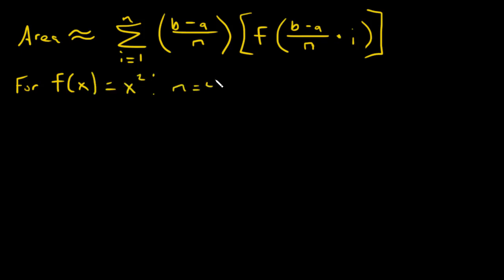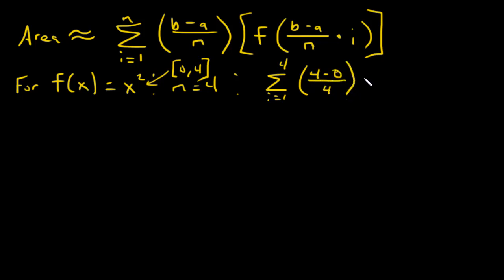This is in the case of f of x equals x squared. Let's do n equals 4. We'll have summation i from 1 to 4 of (4 minus 0) over 4, and I need to actually give you 0 to 4, that's the interval, times f of (4 minus 0) over 4 times i.